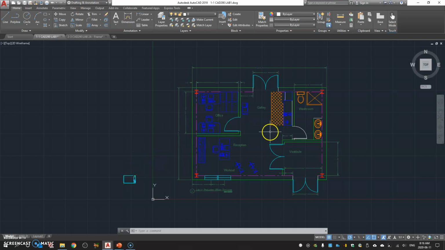In AutoCAD, when we draw a building, when we design something, we go with a scale of 1:1 or full scale. So everything here is full scale. So I don't want to shrink this one and put it here, because if I do that, every time I have to remember how much I shrank this one. So I'm doing it the other way around. I enlarge the frame and I put it around the view.